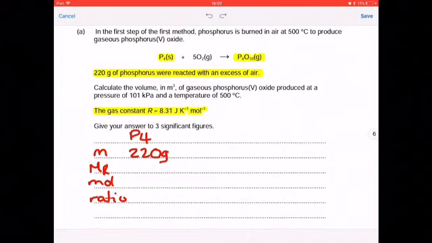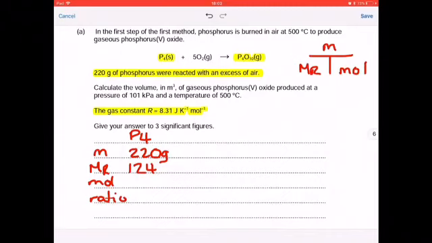P4, phosphorus has a relative atomic mass of, and you'll need a periodic table just to check it. Phosphorus has a relative atomic mass of 31. So to get its molecular mass, you do 31 times 4, which is 124. To get the moles, remember that it is mass, MR, and moles.